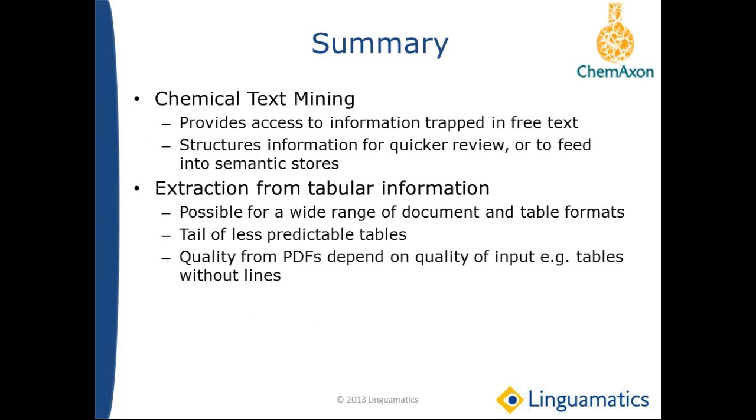There is a long tail of less predictable tables, and we're still working on queries to pick out more of that tail of less standard formats. And I should say the quality from PDFs will vary. PDFs are pretty good if you've got lines around the table. They're not so good if you haven't got lines around the table. So the PDFs will tend to be the worst quality.